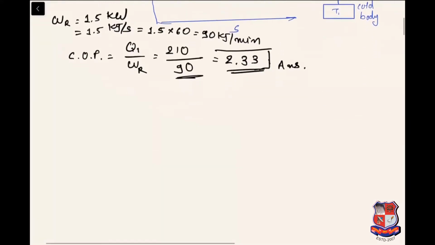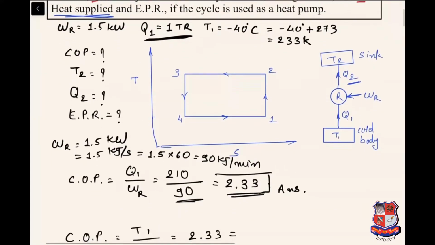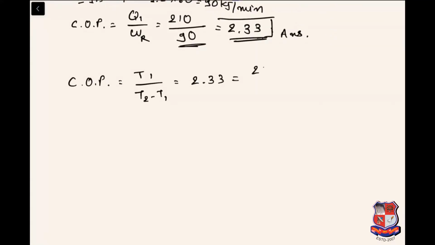Now the COP of the refrigerant can also be calculated by T1 upon T2 minus T1. So COP that we have found, that is 2.33, is equal to T1, which is already given, that is 233 Kelvin, divided by T2 minus 233. Then T2 can be calculated from this.